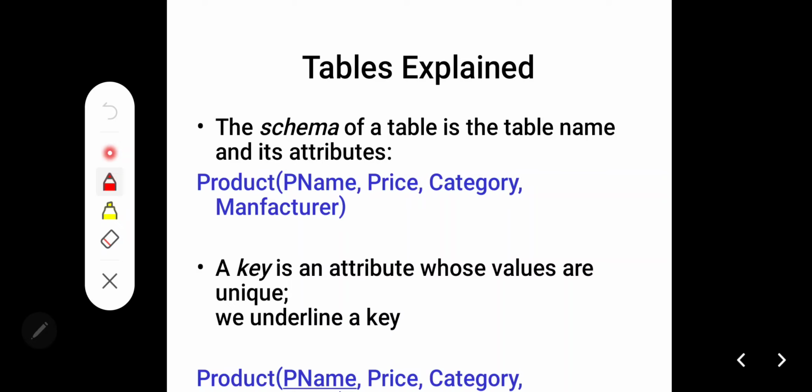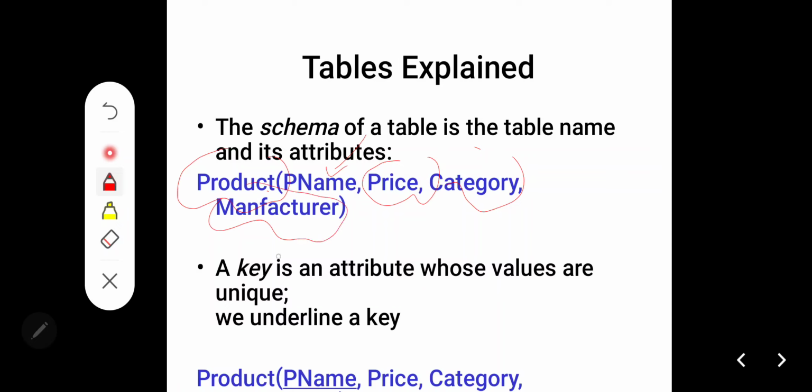Tables explained. The schema of a table is the table name and its attributes. The table name is product, and the attributes of this product are name, price, category, and manufacturer.